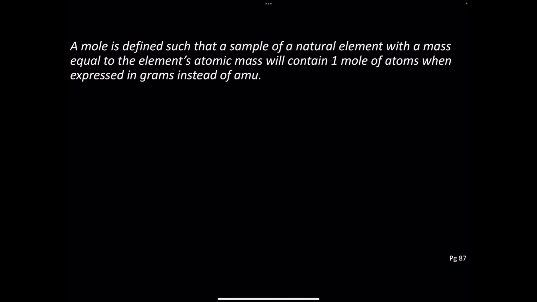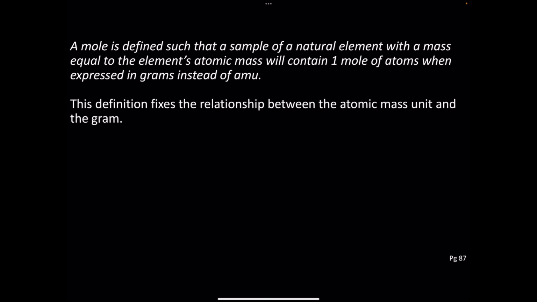A mole is defined such that a sample of a natural element with a mass equal to the element's atomic mass will contain 1 mole of atoms when expressed in grams instead of AMU. So the periodic table says carbon has a mass of 12.01 atomic mass units. That can also say 1 mole has a mass of 12.01 grams.